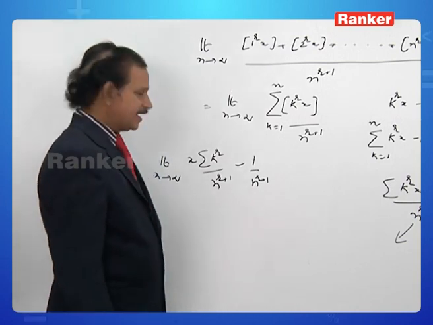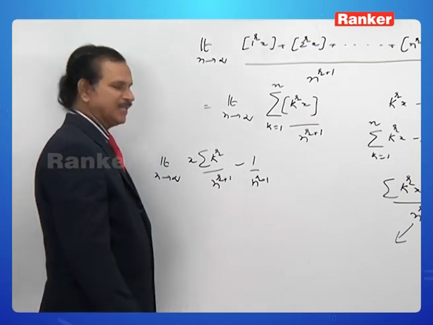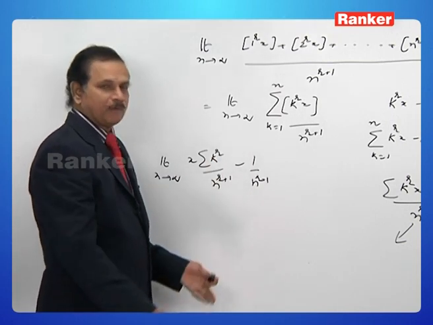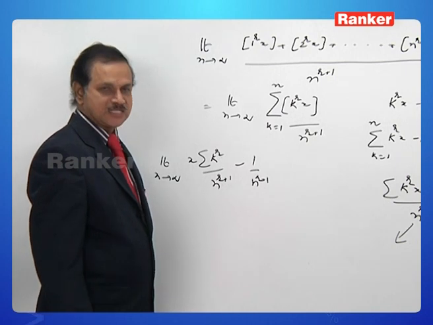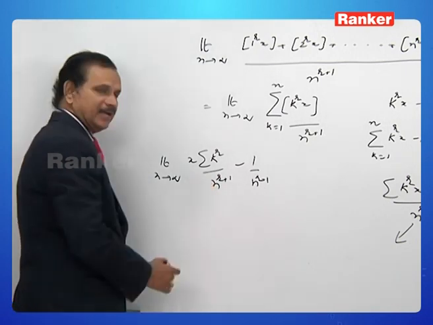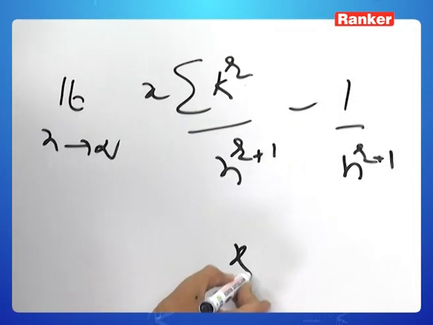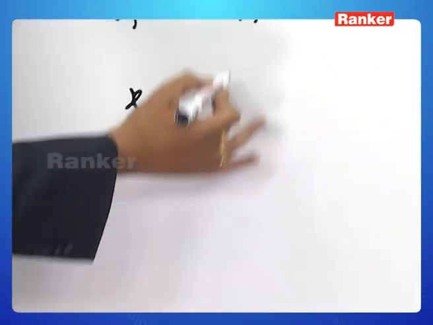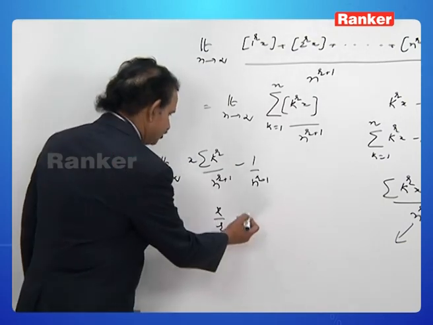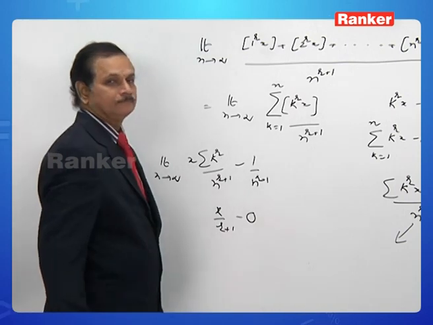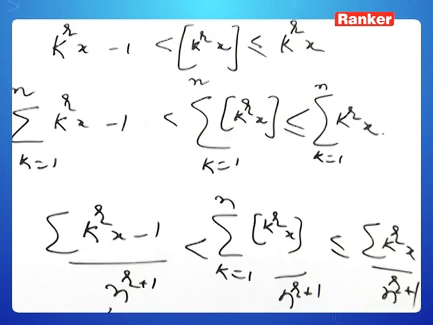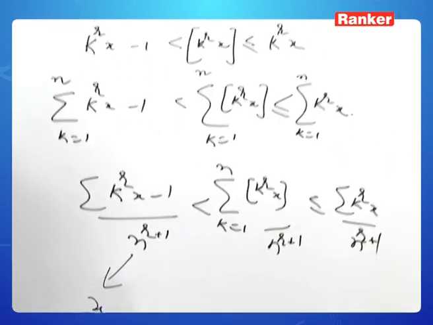My dear friends, for the present, please believe that the limit of this is 1 by r plus 1. I shall prove it at the end of this problem. It can easily be observed. Therefore, this is x by r plus 1 minus 1 by n power r plus 1 as n tends to infinity. What is the limit? It is 0. So the quantity at the extreme left tends to x by r plus 1.